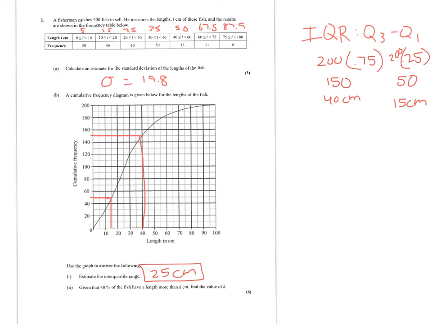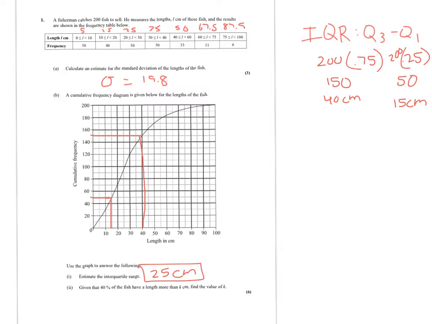Okay, the next problem says, given that 40% of the fish have a length of more than K centimeters, find the value of K. One thing about percentiles is that we're always talking about the percent that are less than that.